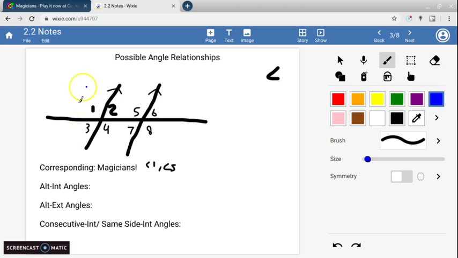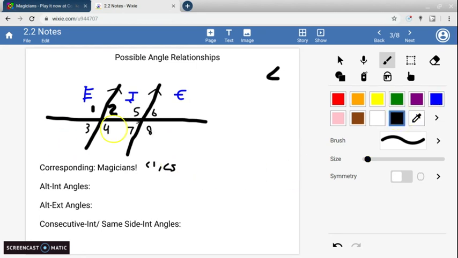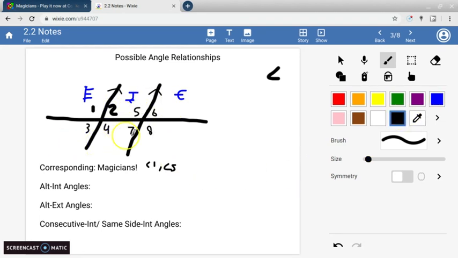This is an exterior area, this is an interior area, and this is another exterior area. So alternate interior: the interior angles are 2, 5, 4, and 7.